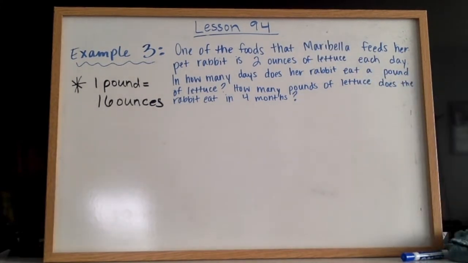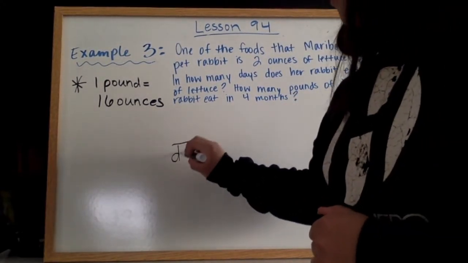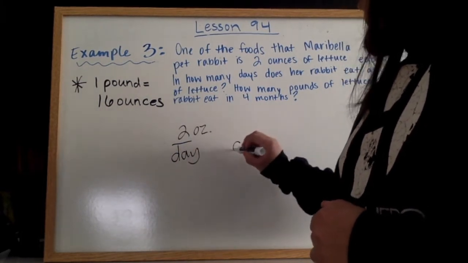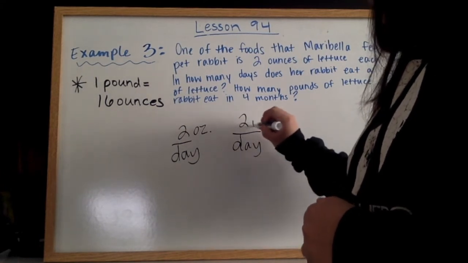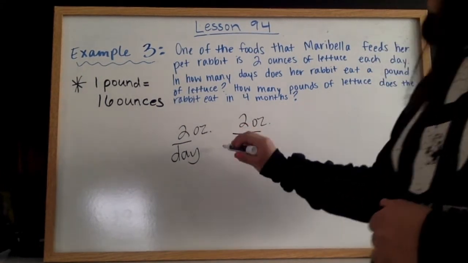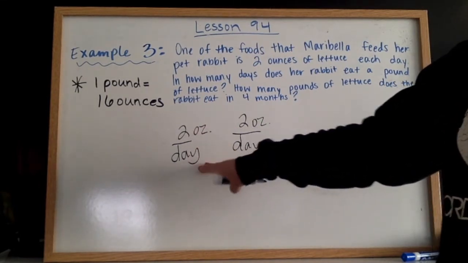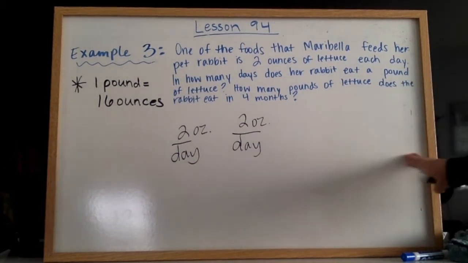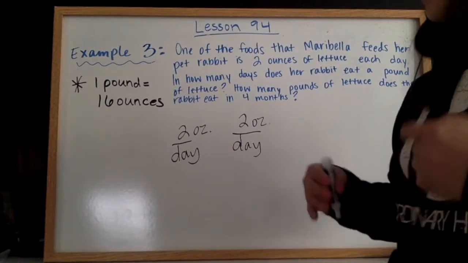We know that in a day, he will eat 2 ounces. The next day, it will eat another 2 ounces, and so forth. So if we keep going and we keep counting up each day, we will be able to figure out how many days it'll take to reach a pound.